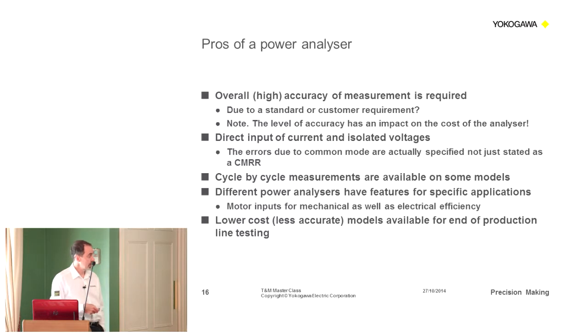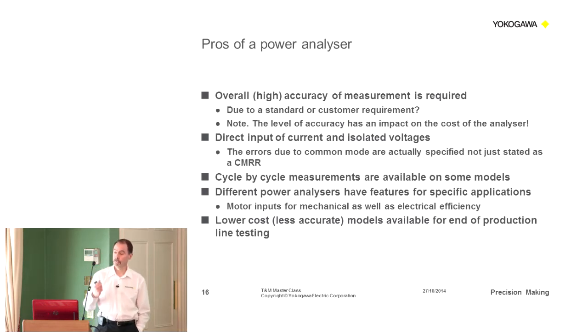And because there's a range, you can have different models. So, of course, one need for this is, let's say, for domestic products. We sell a lot of what we would describe as our lower end power meters for production line testing of white goods, for instance. And so that then becomes a price issue.